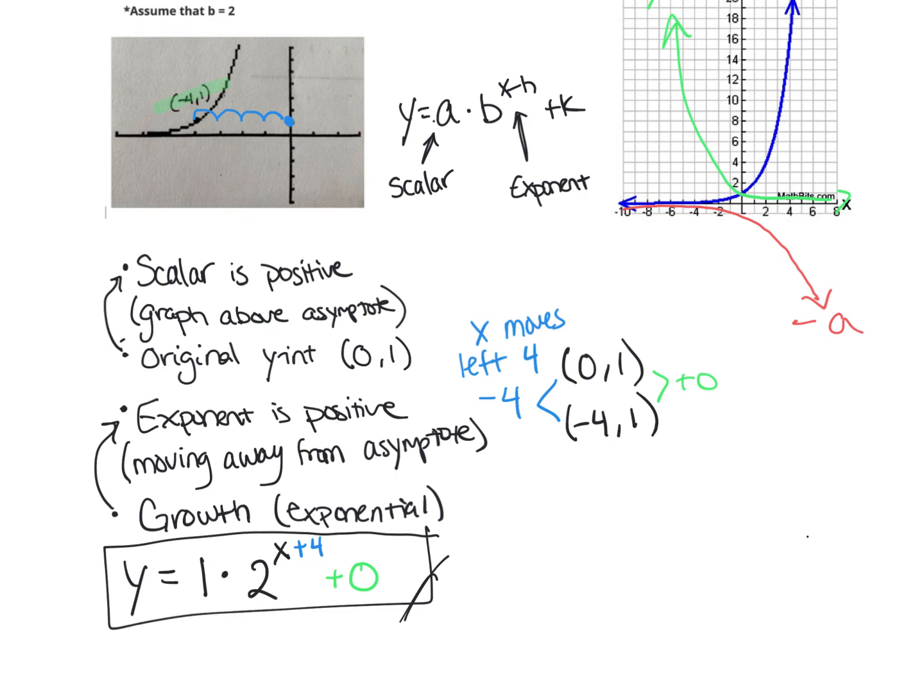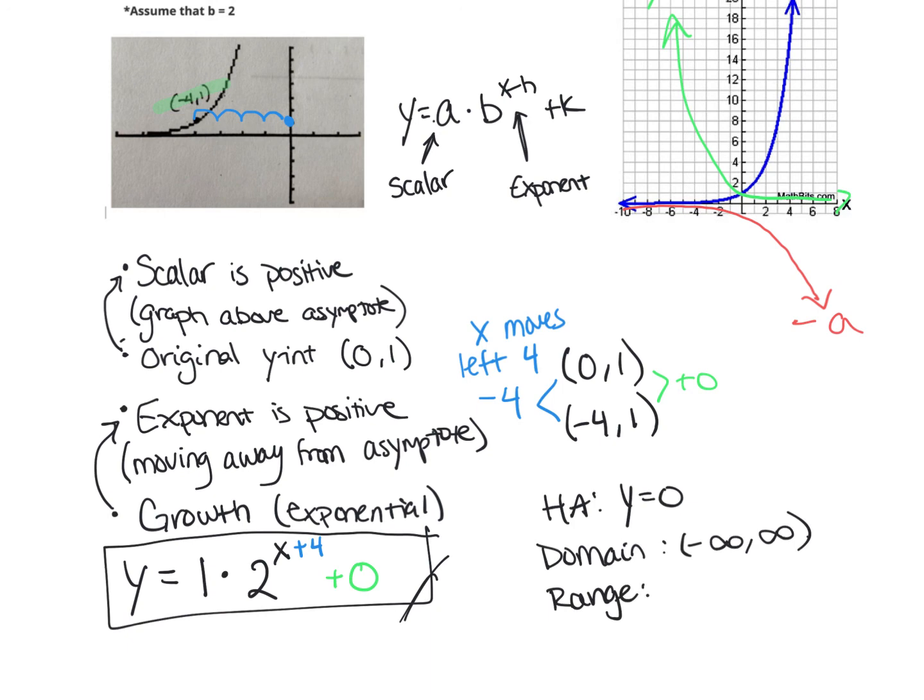Lastly, some other features about our equation is we might want to note the asymptote of our equation, because we do have a horizontal asymptote. That's going to be whatever your k value is, in this case 0. So our horizontal asymptote is y is equal to 0. And then if we were to define the domain and range, the cool thing about the domain, for any exponential function, is it's always just -infinity to +infinity. We can have all the x values we want, but our range will be a little bit different.